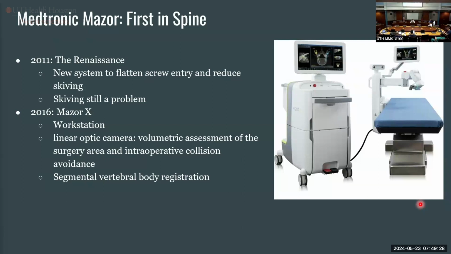We have a Mazor cranial robot here that Kano used for a long time. It was basically the same accuracy as a Leksell frame. And Ryan, I guess, probably spent more time on it than anybody else. The big advantage is that you didn't have to put a big frame on.